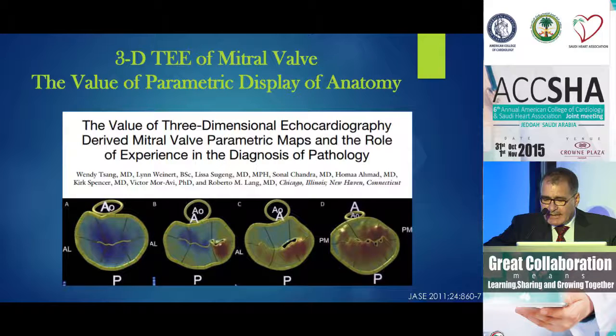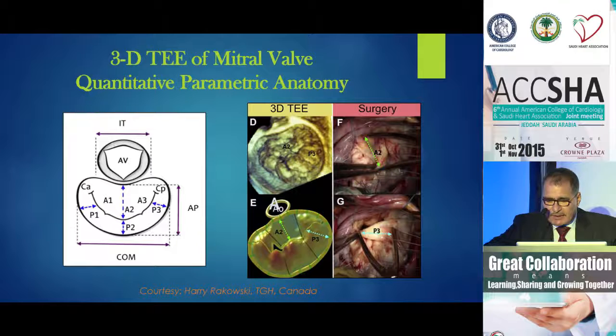And look at how nice the coaptation line is, and how easy it is to identify where the problem is, where is the coaptation deficit, or where is the rupture, or where is the prolapse. Looking at this parametric display of the mitral valve, we have this quantitative parametric anatomy. It even gives you more information.